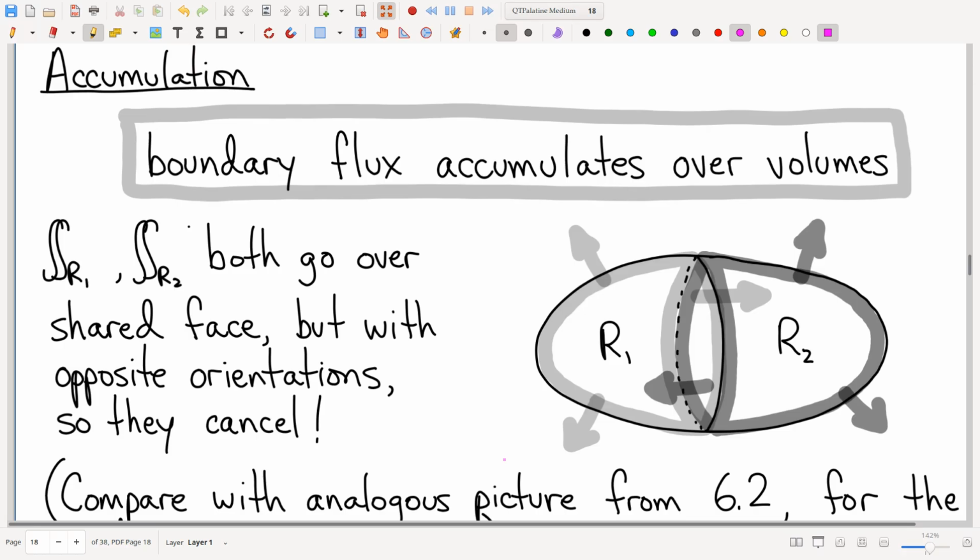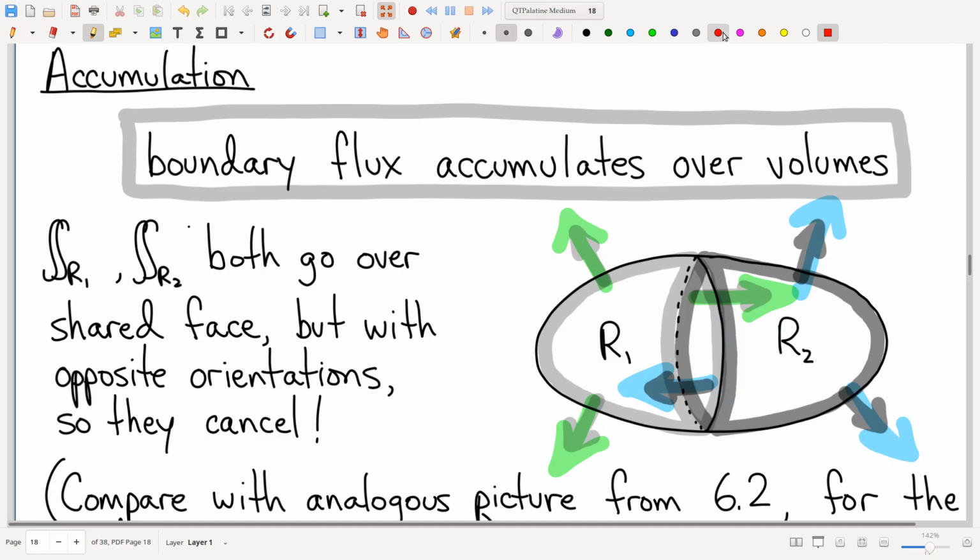And let's just look one piece at a time. On the left piece, boundary flux, oriented outward, of course, is oriented like that. On the right piece, boundary flux, oriented outward, of course, looks like that.